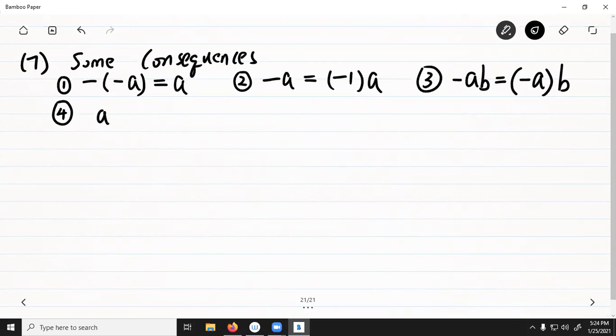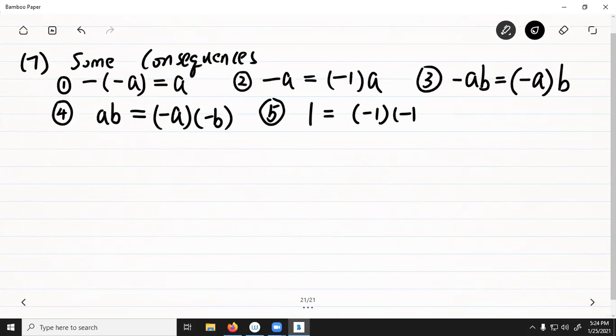A times B equals negative A times negative B. 5. 1 is equal to negative 1 times negative 1. Okay, so now we want to prove these 5 results. Then you can use them as you want, right? Let's prove it.